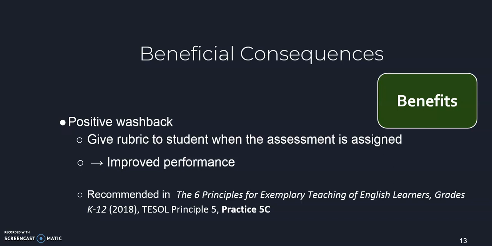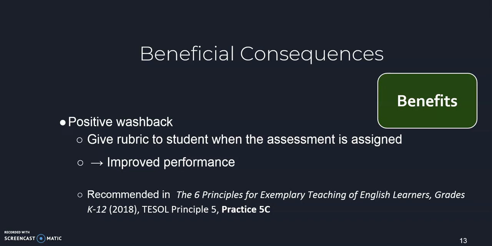For instance, if in your unit you were working on transition words to connect sentences in paragraphs, and that is listed as a learning objective and it shows up as one of the categories, and the student can review that, maybe they will take the time to look at their own work before they submit it to you to make sure that they are using transitions and that those transition words are the appropriate ones for the context.